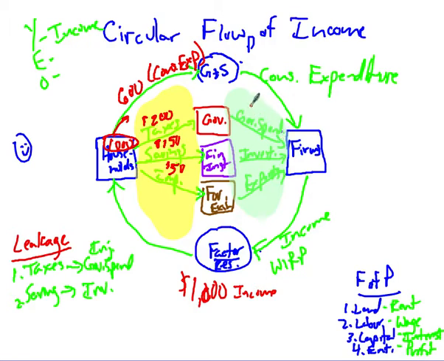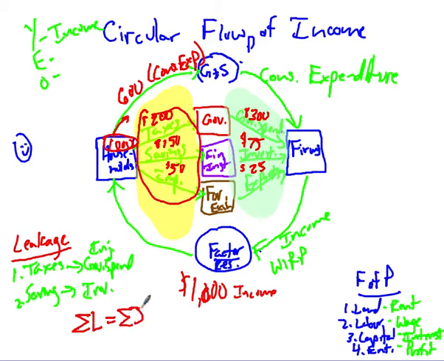It doesn't, but when you sum up the leakages, it's going to have to equal the injections. So let's say this is 375 and 25. The numbers have to equal, because we started out with $1,000 of income. So the sum of the leakages has to equal the sum of the injections.